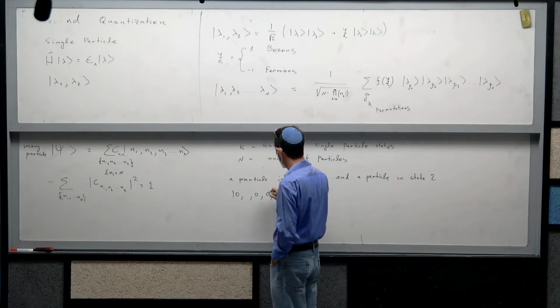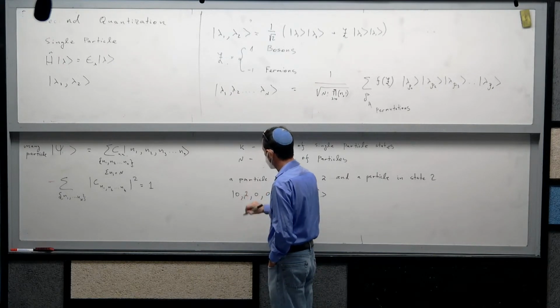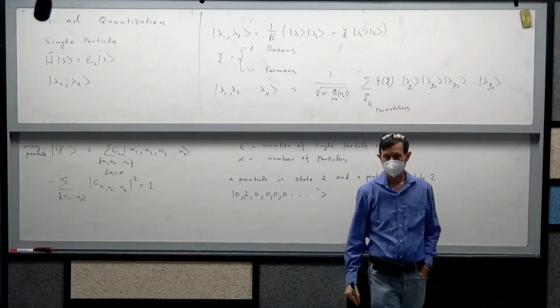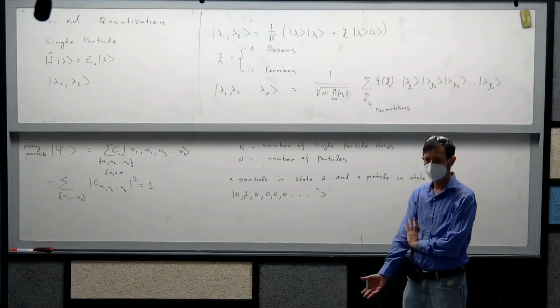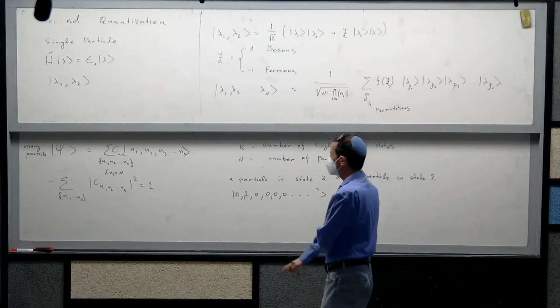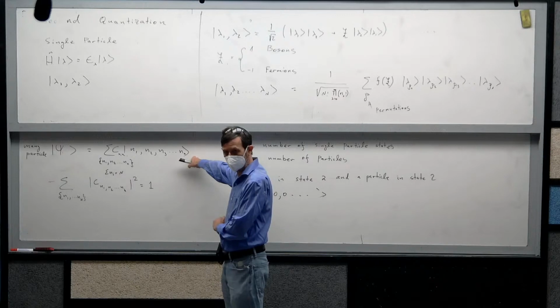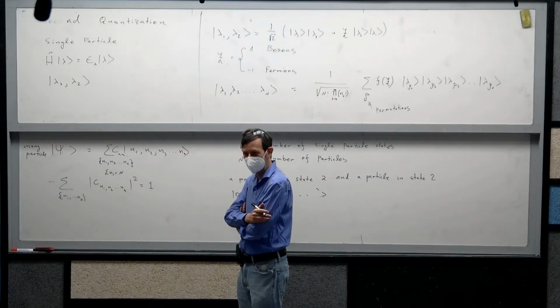Bosons. Yes, so there are n particles in a single particle state. So there are 2 particles in the n2 state. It's the only single difference in language between fermions and bosons. Is it an energy level? Yes, that is the meaning.